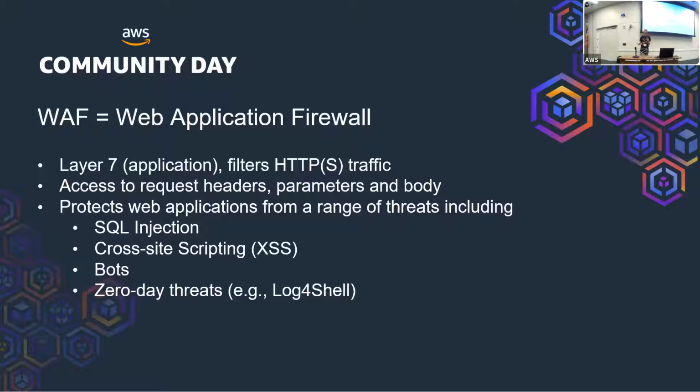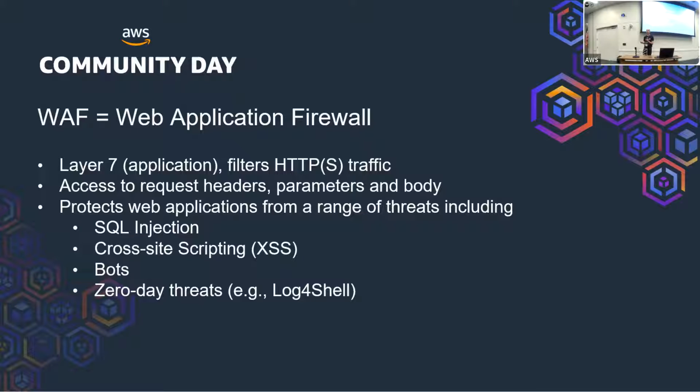So what is WAF? WAF is Web Application Firewall. If you're familiar with traditional firewalls, that's very much IP addresses, protocols, port numbers, that kind of level. This is at a higher level. This is the so-called layer 7 application layer of the OSI model.